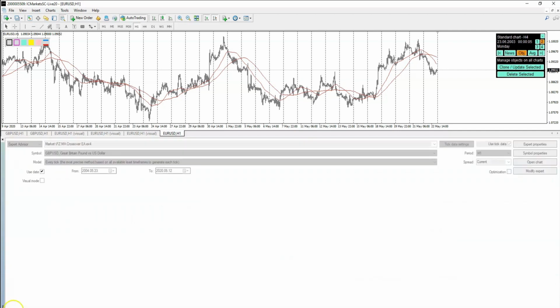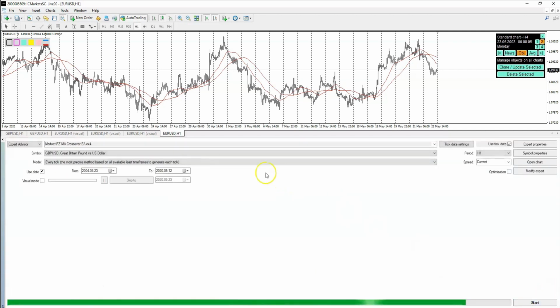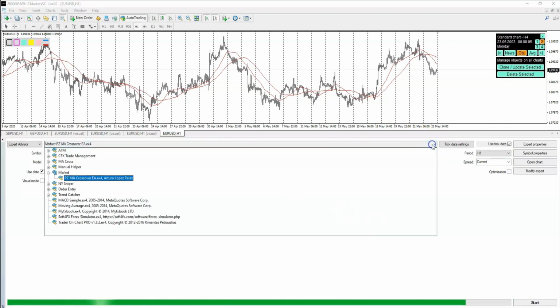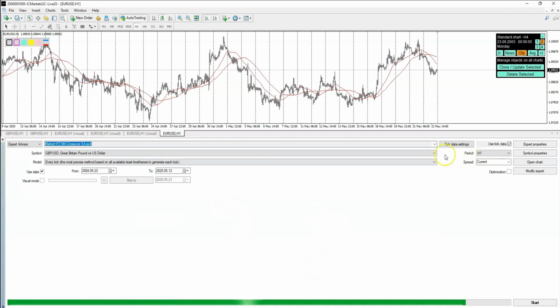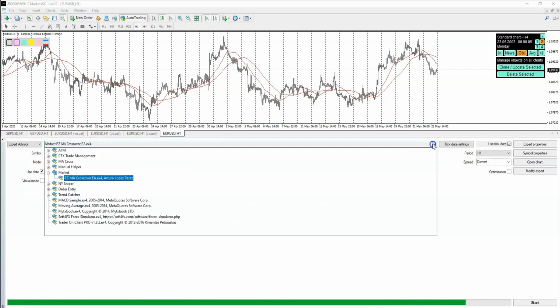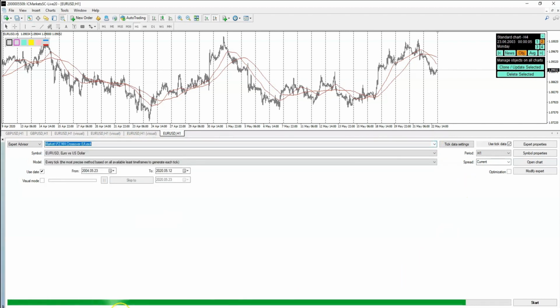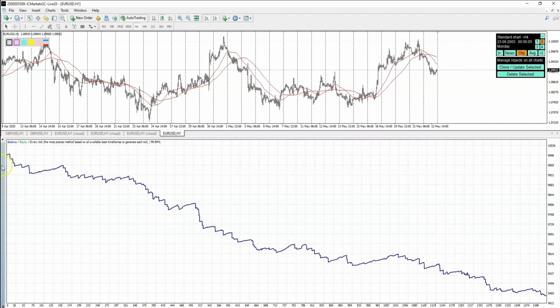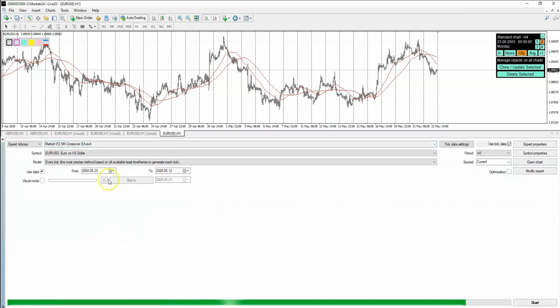So let's stop this, and let me show you an example of one of our strategies which I developed for the euro dollar chart. Let me put it here one more time so you remember what this looks like. Freeze frame, pause it if you want, and then let's run it 2004 to now.